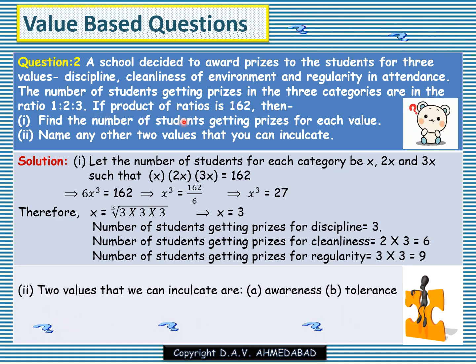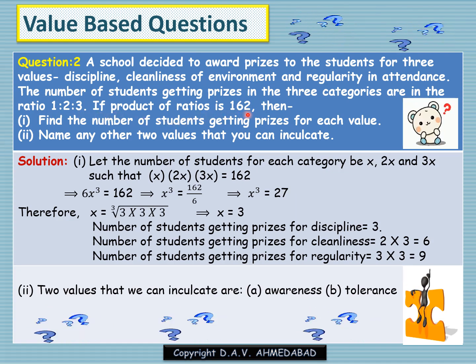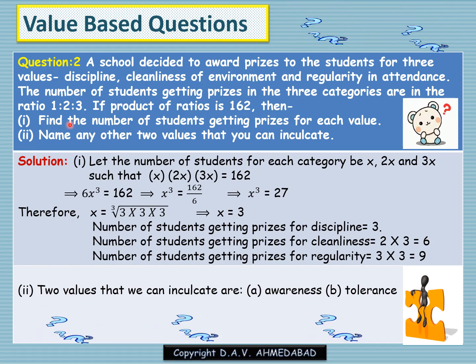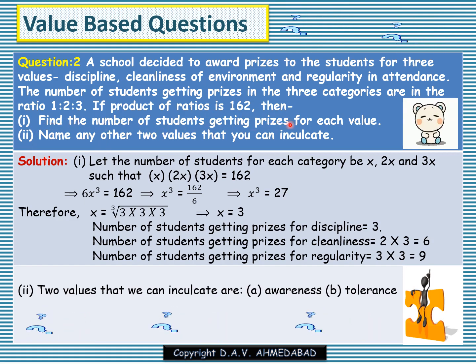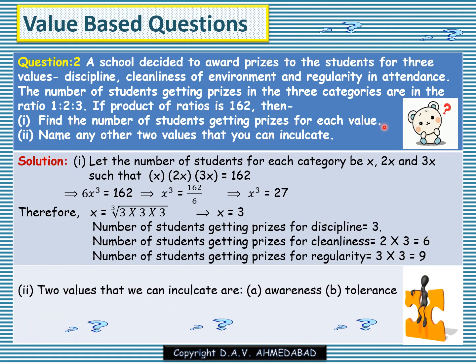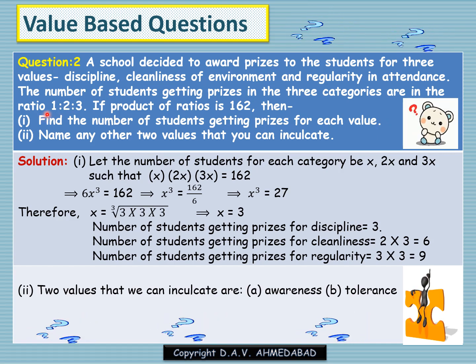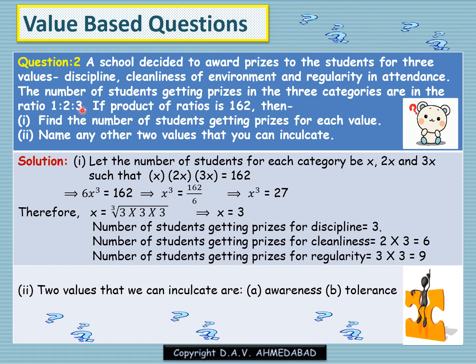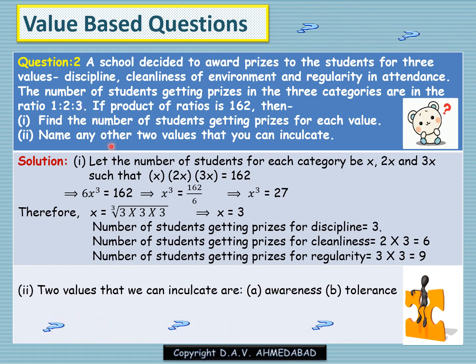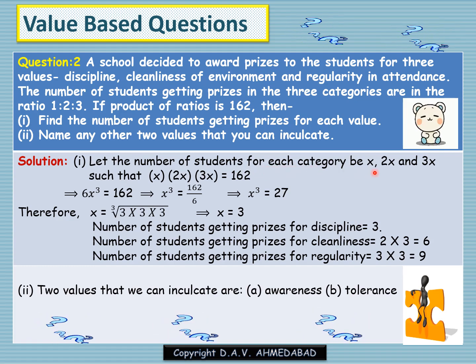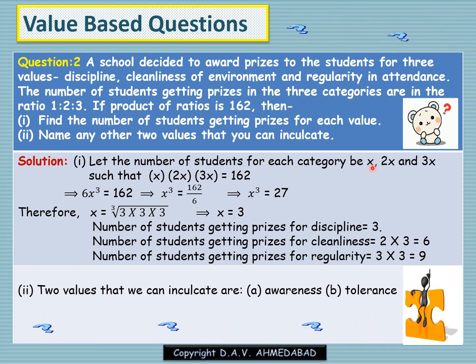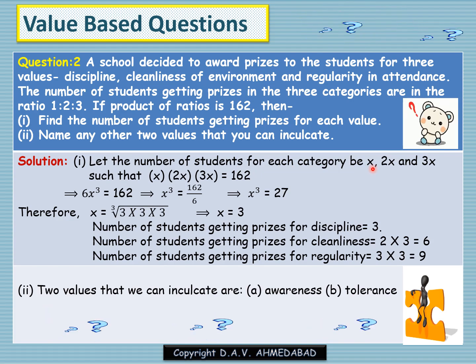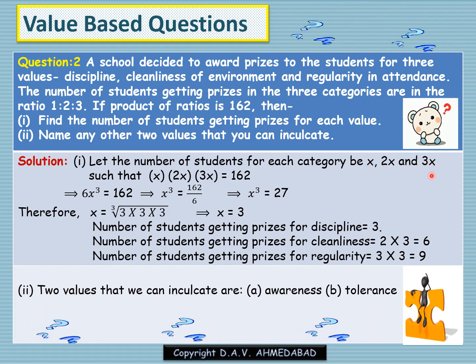If product of ratios is 162, then find the number of students getting prizes for each value. So children, whenever ratio is given in the question, always you need to put x with the given ratio. So let the number of students for each category be x, 2x and 3x, because we don't write 1x.